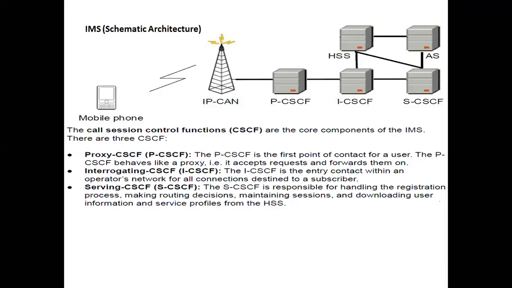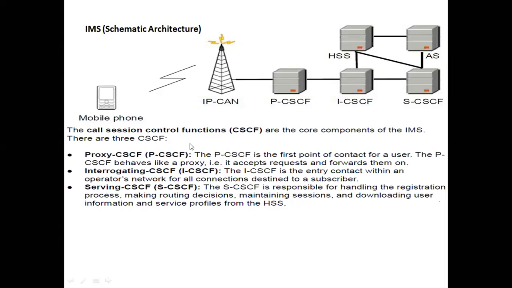So mainly for the call flow, we need to know only the IMS core parts: P-CSCF, I-CSCF and S-CSCF. CSCF stands for call session control function. The CSCFs are the core components of the IMS.